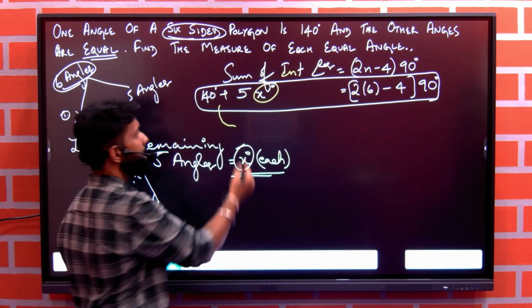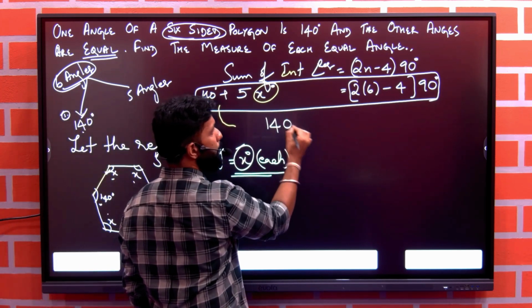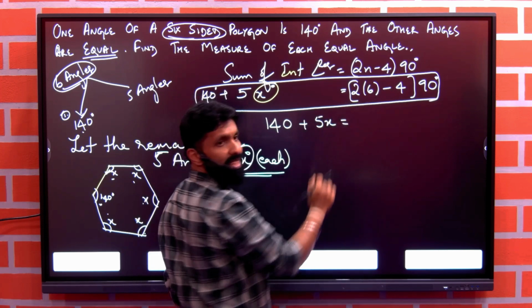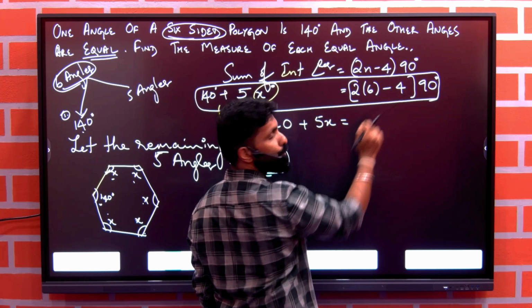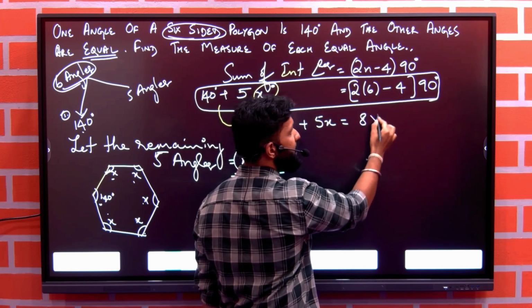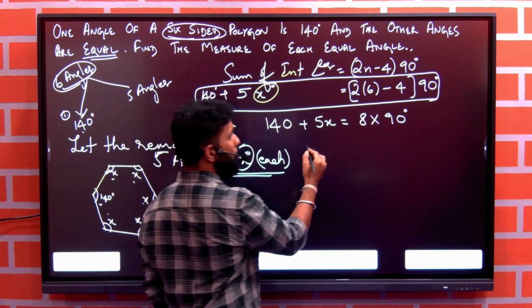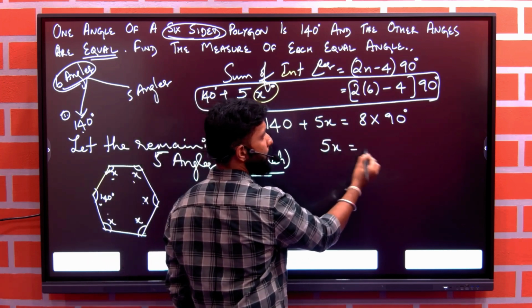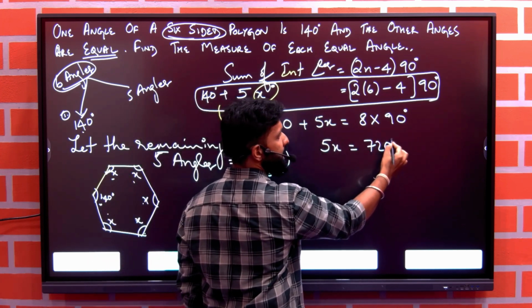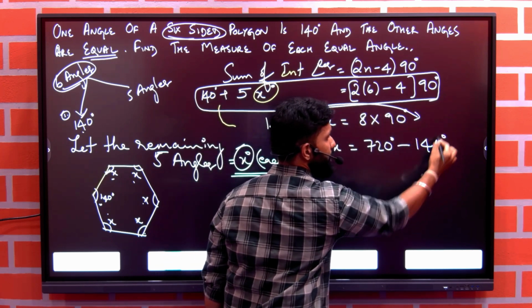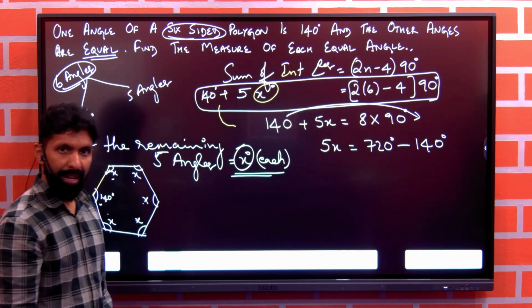Simple. Let's try. So 140 plus 5x is equal to 2 times 6 is 12, 12 minus 4 is 8, times 90. So 5x is equal to 720 with 140 shifted to the right, so minus 140. Am I right?